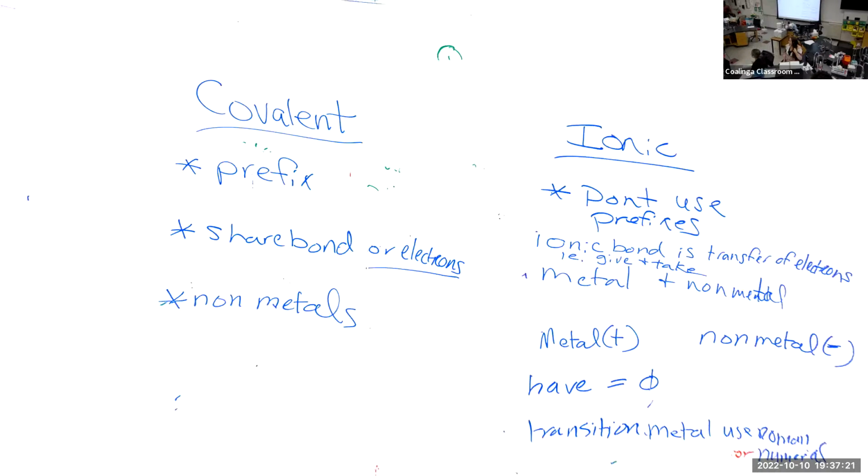Oh, did I misspell electron? Ionic bond is transfer of electron, and this is give and take. I.e. means it's Greek.